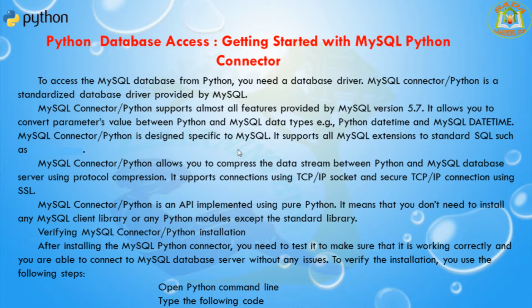After that, go inside the C colon temp folder. We need to run some steps. It automatically verifies the MySQL Connector Python. After installing the MySQL Python connector, you need to test it to make sure it is working correctly. You should be able to connect to the MySQL database server without any issues.